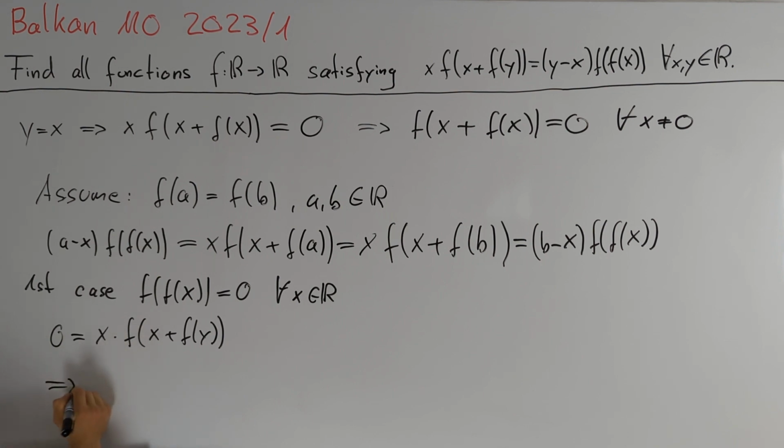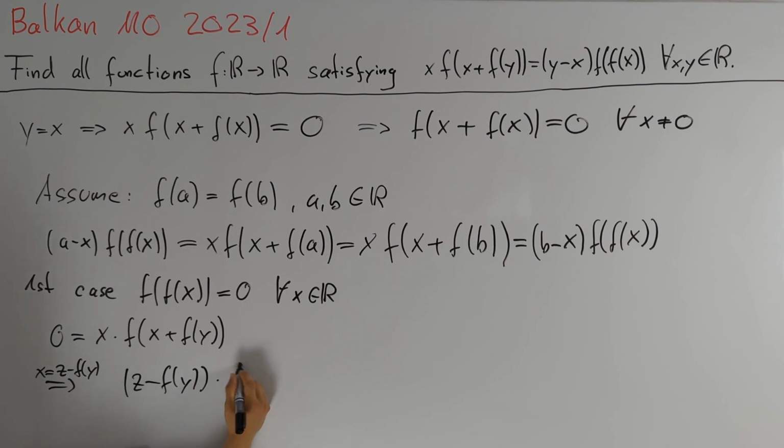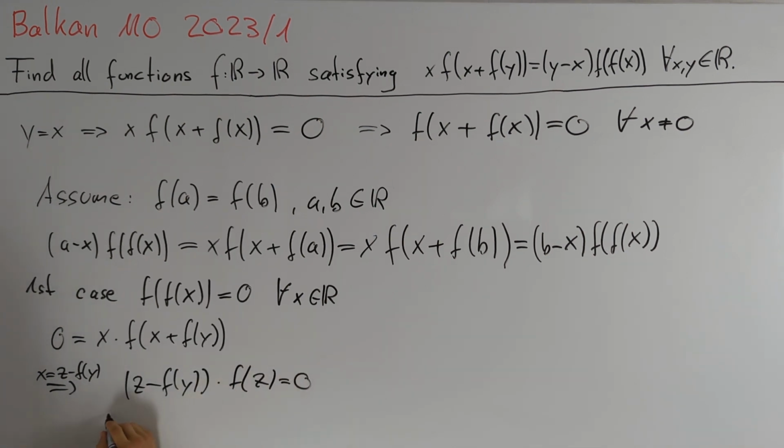Plugging in x equals z minus f of y, we get that z minus f of y times f of z is equal to 0. Hence we get that f of z is equal to 0 for all z not equal to f of y.